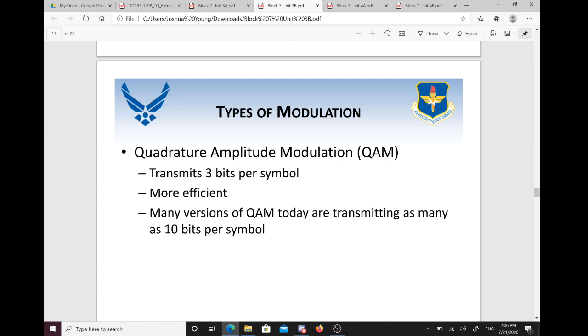Which I actually think there are some systems now that have exceeded that even. So understand that this is your most efficient type of modulation that we talk about in block 7. Transmits as many as 3 to 10.